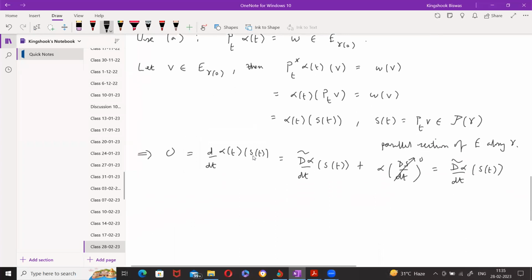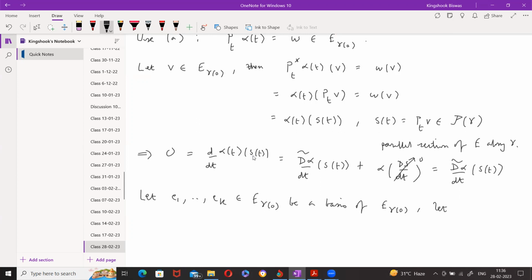And now this S depended upon a choice of vector V in the fiber at gamma 0. So now you choose, let's say, E1 to EK be a basis of the fiber at gamma 0.